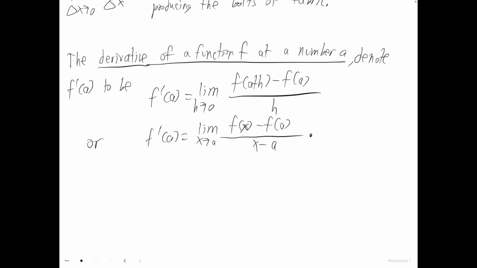Now, just to make this clear with how it connects to what we were doing before, the value f prime of a, which again is the derivative at the number a, is the instantaneous rate of change of y equals f of x at the point x equals a.